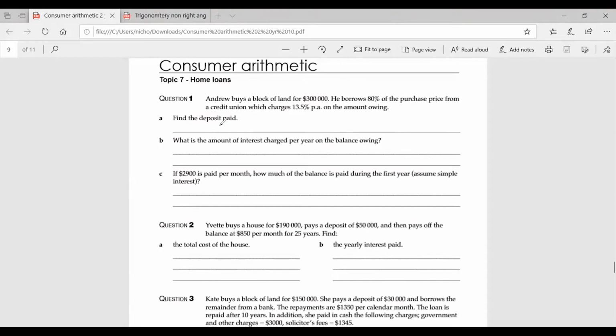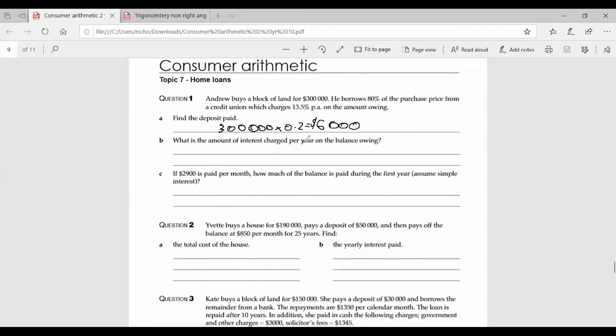Is it 300,000 times 20 over 100? Times 0.2? Yeah. So that should give us $60,000, right? Yeah.